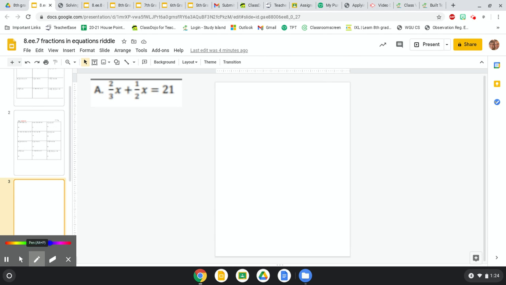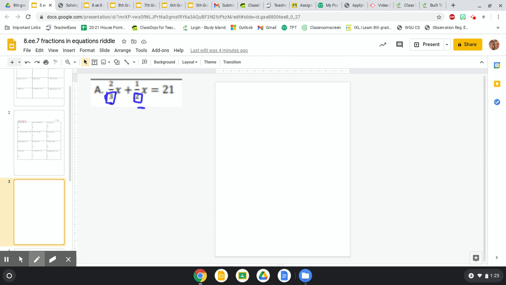So, in order to do that, I'm looking at all the fractions in my equation. Right now, I have 2/3 and I have 1/2. I'm focusing again on the denominators, but I don't have just one denominator anymore. I have 2 of them to consider. So in order to see what I'm going to multiply the entire equation by, I need to find the least common multiple, the least common denominator between my 2 fractions.